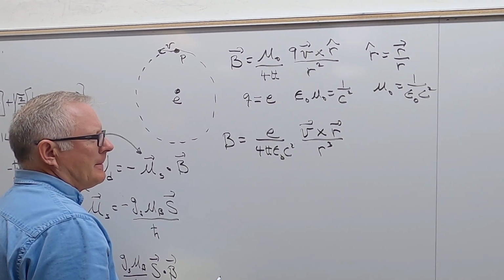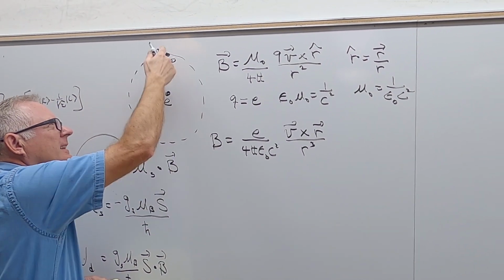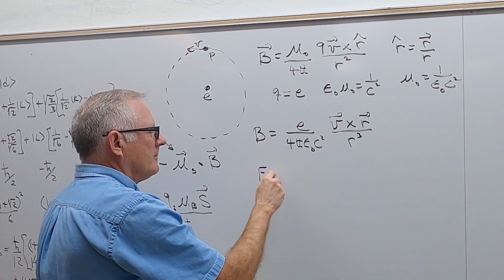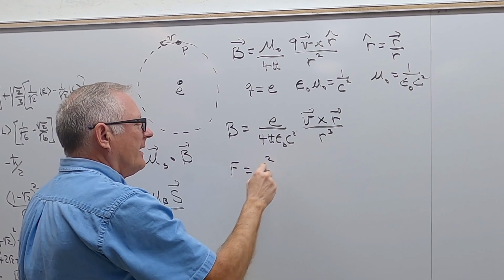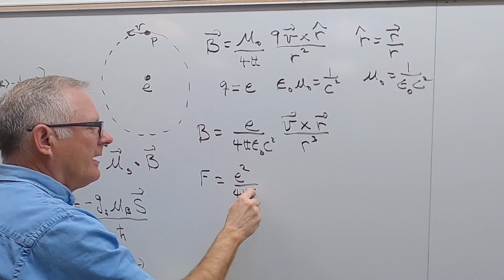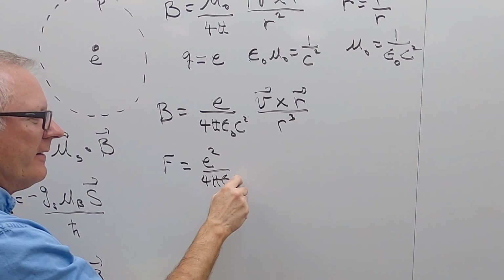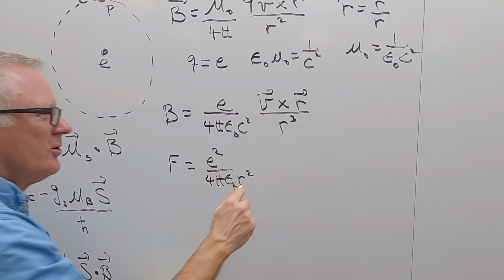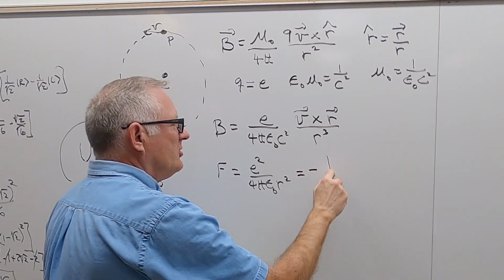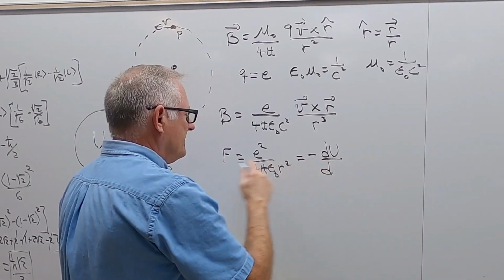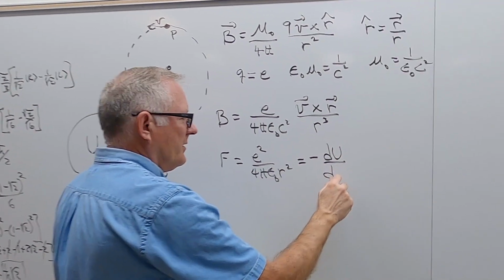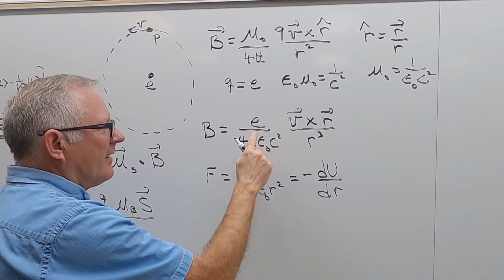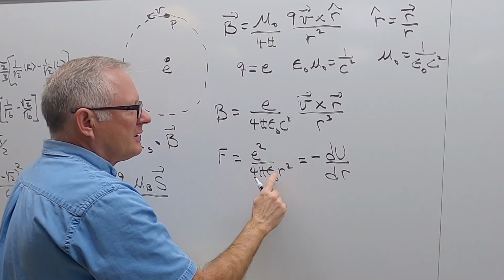Well, we also know that the electrical force between these two, Coulomb's law, is just E squared all over 4 pi epsilon naught R squared. So there's the force. And that's also equal to minus the change in U. Remember, the force is minus the derivative of U with respect to R. Well, I notice I have a 4 pi epsilon naught.